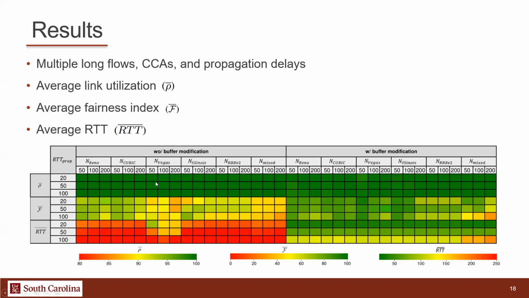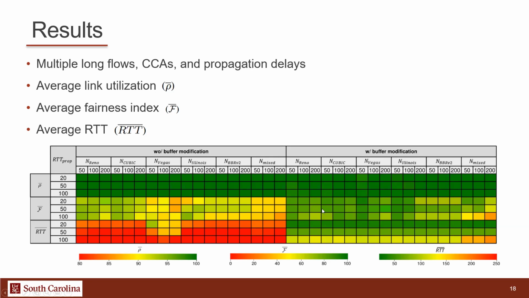First, for the link, we got very high link utilization, around 99%. This is basically what was suggested whenever you use this Stanford rule: you sacrifice a very small percentage of your link.